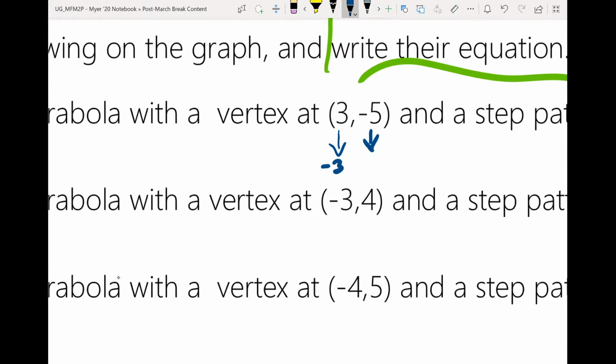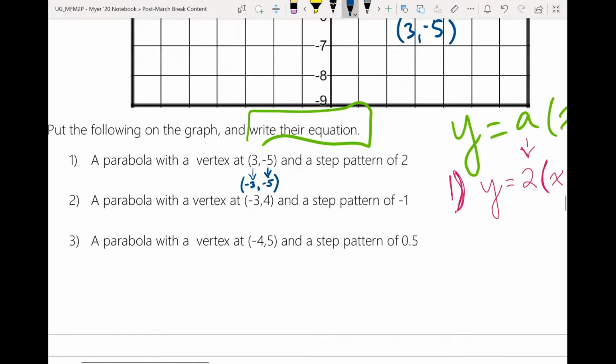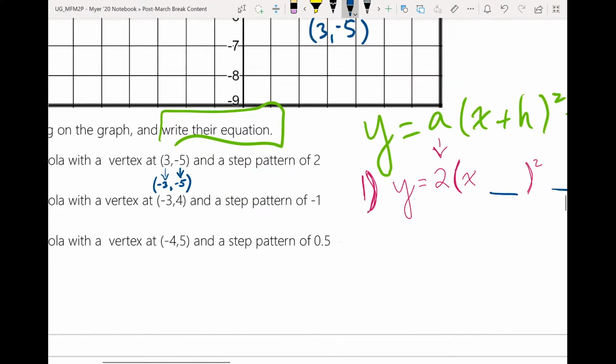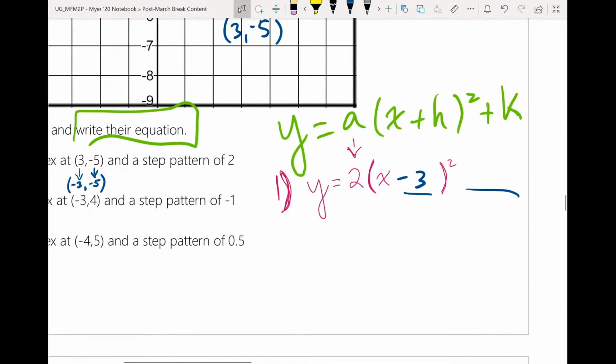Y always stays the same. So whatever the y coordinate is, we just write it in. So negative 5 stays negative 5. So this becomes negative 3 and negative 5.